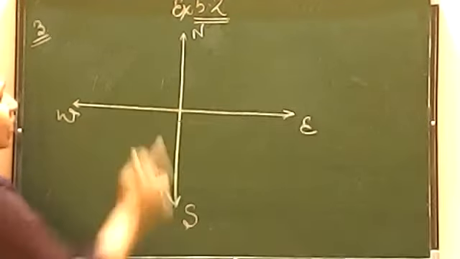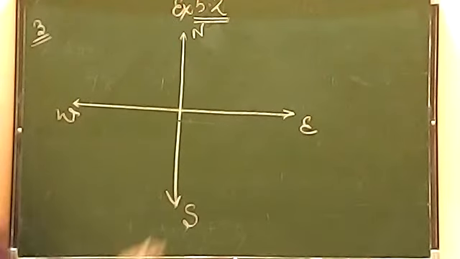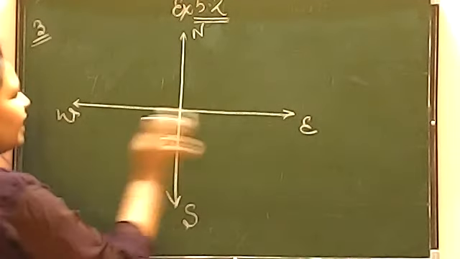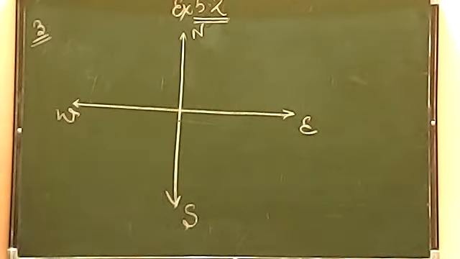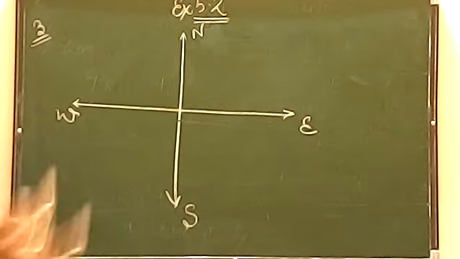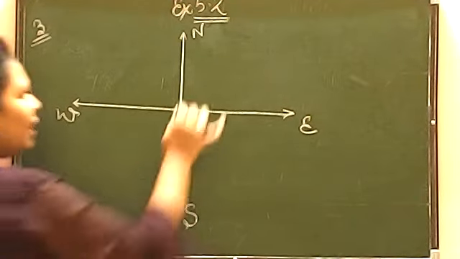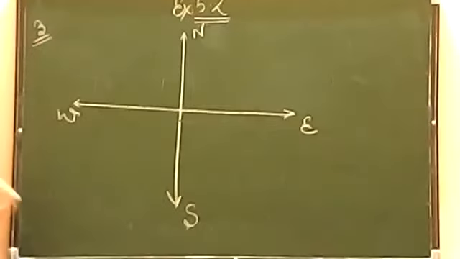West and south have a 90-degree angle between them. South and east have a 90-degree angle between them. It means 90, 90, 90, 90, total 360. If you are talking about one complete rotation, you are talking about 360 degrees. Remember, when you talk about one full revolution, you are talking about a complete 360 degrees.